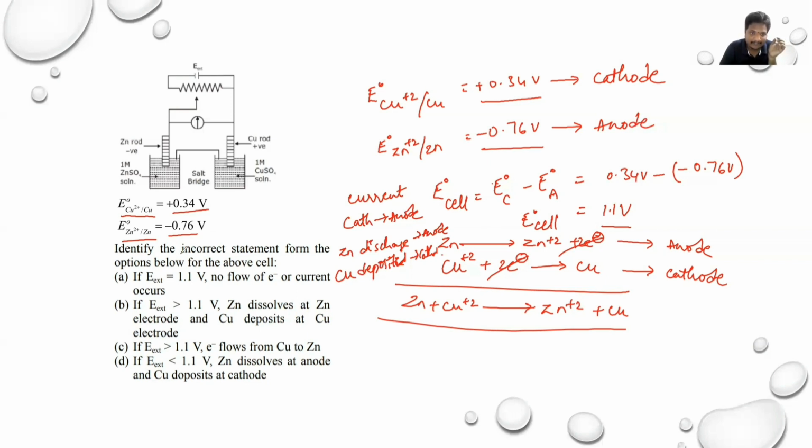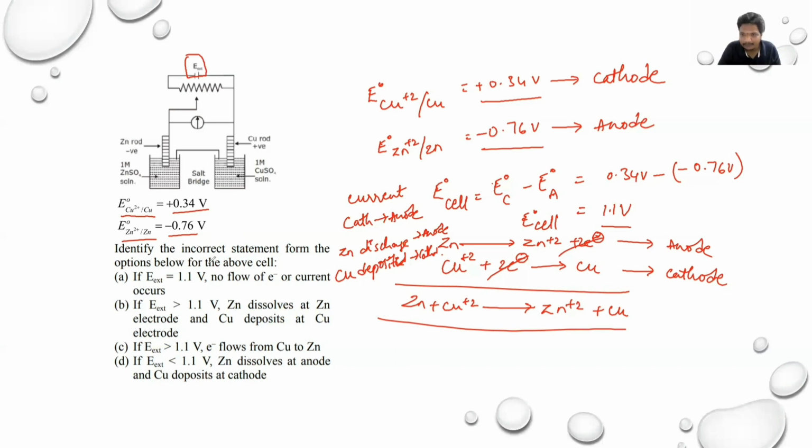Identify the incorrect statement from the options given below. Here they have connected this cell, what we have discussed, to an external circuit. The external circuit you can simply take as a battery. So if I connect this cell to the battery, what happens here?